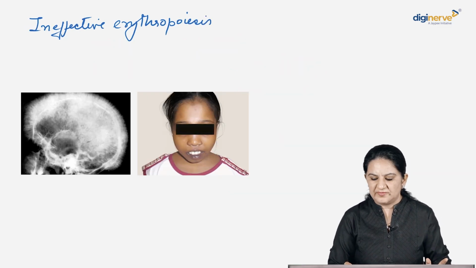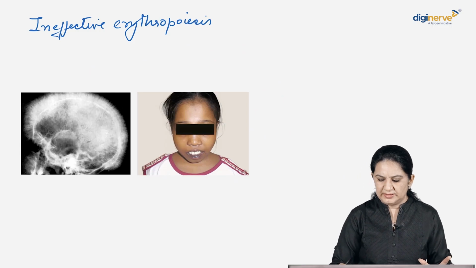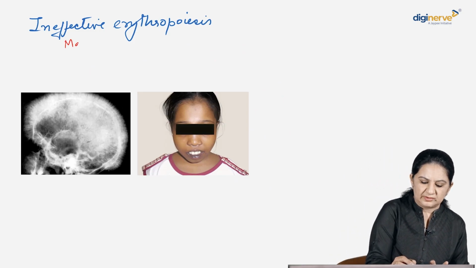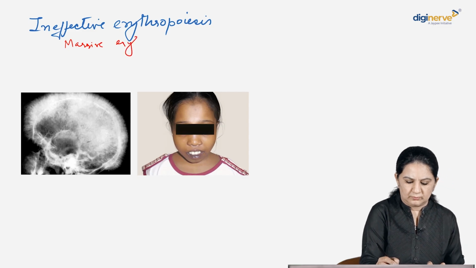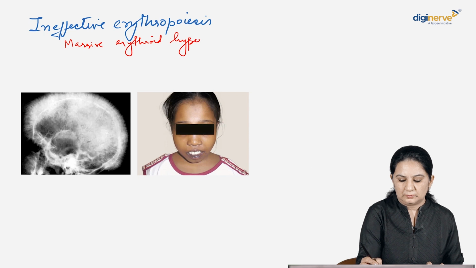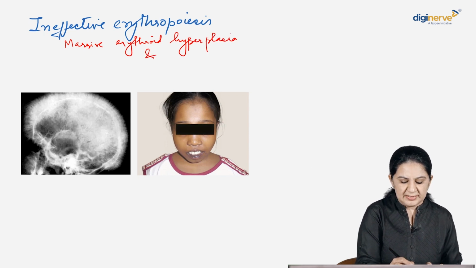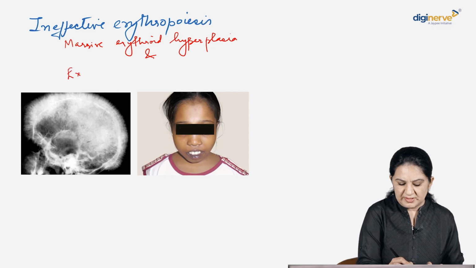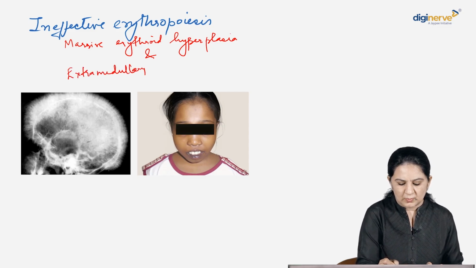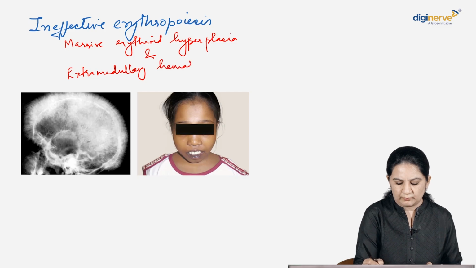So because of ineffective erythropoiesis, there is massive erythroid hyperplasia and extramedullary hematopoiesis.